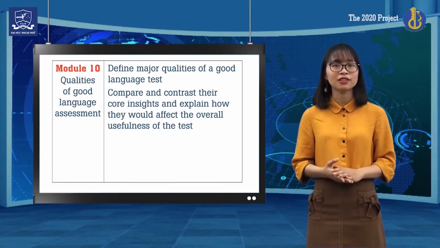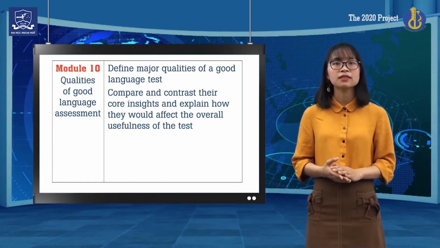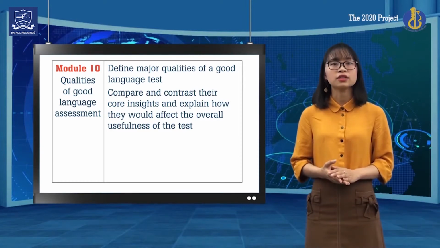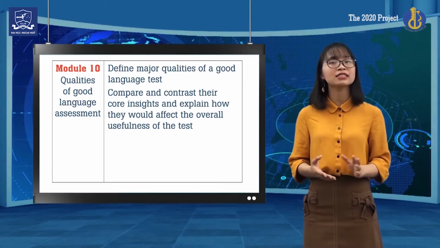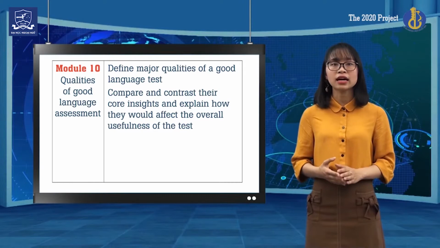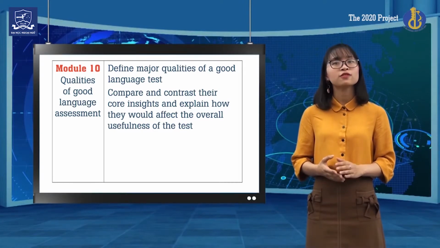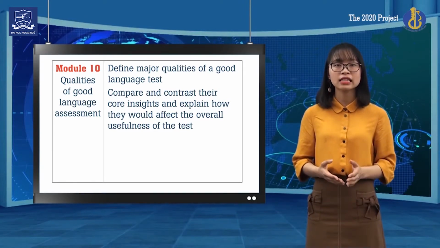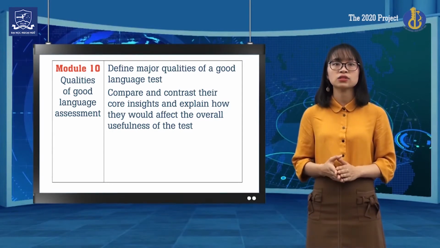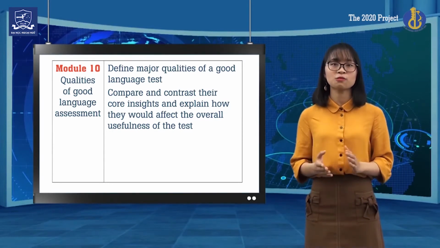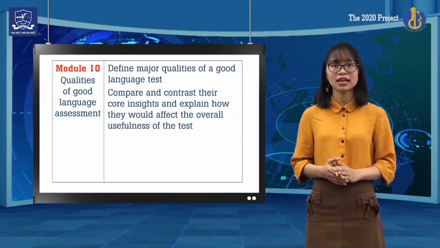It's important to note that validity is the most essential quality that you should particularly pay attention to when designing the test. For teachers of English, content validity is considered to play an indispensable role in any language test.